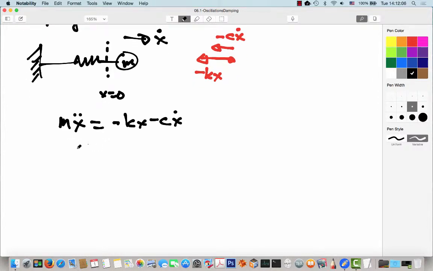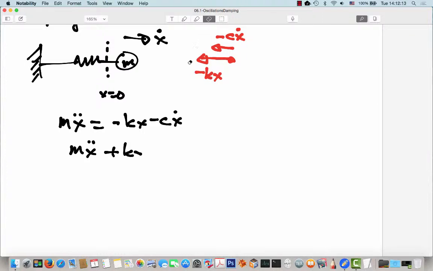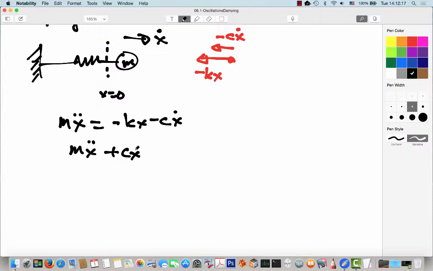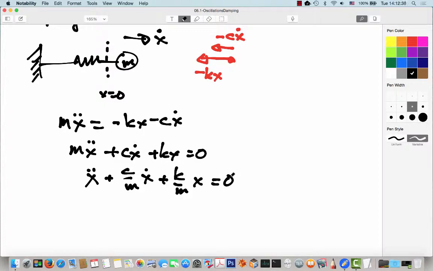That would be m x double dot plus cx dot plus kx equals 0, and it's not quite standard form yet because we have a coefficient on the x double dot, so let's divide through by the m. We get x double dot plus c over m x dot plus k over m x equals 0.